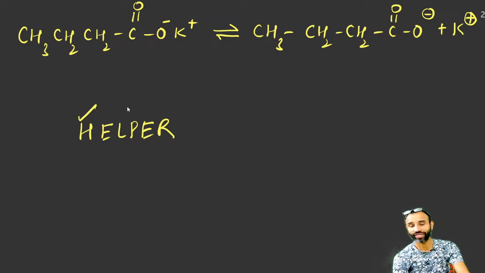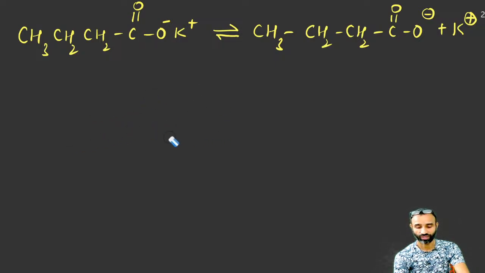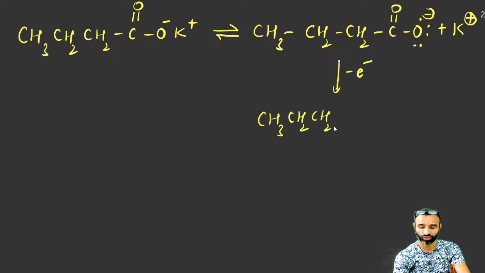If there is high temperature, presence of electricity, light, peroxide, electrolysis, or a radical initiator, then there is a free radical reaction. So that means now in this case, first of all, there is the removal of an electron. So we get CH3, CH2, CH2, COO. This free radical we will get.